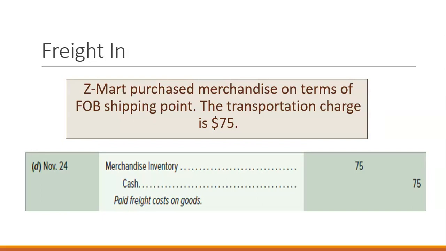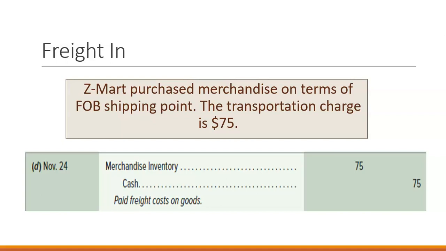Okay, so we have this example here. C-Mart purchased merchandise on terms of FOB shipping point, so we took possession at the time of shipping. The transportation charge is $75. Because it's FOB shipping point and it's freight in, we record that as part of the cost of merchandise inventory.